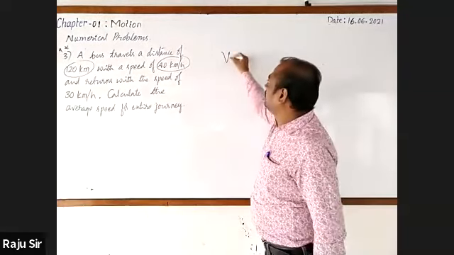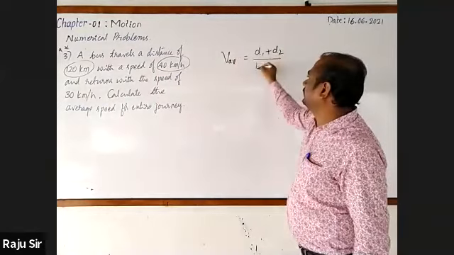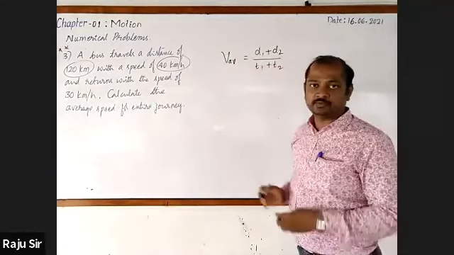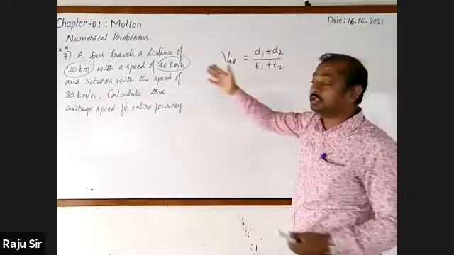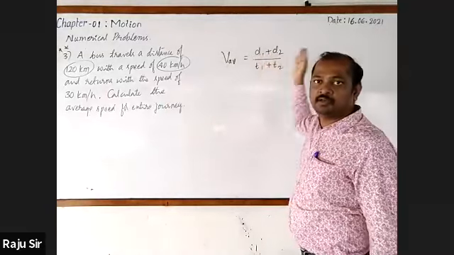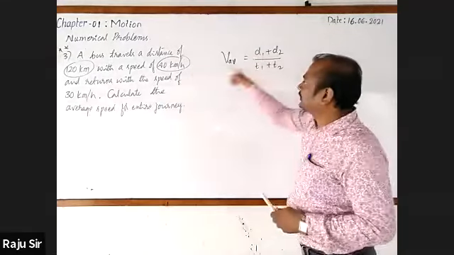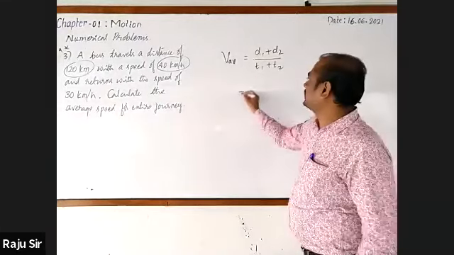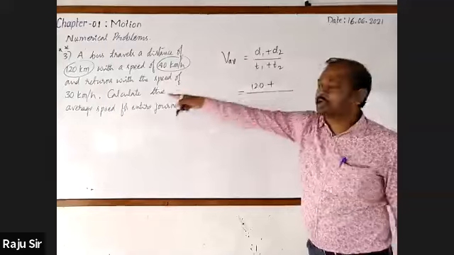Generally, we know that average speed is D1 plus D2 by T1 plus T2. As two cases are there, I have taken this formula. If three cases are given, we have to write D1 plus D2 plus D3 by T1 plus T2 plus T3. Got it? Then what is the distance in first case? 120. Second case, 120 again.